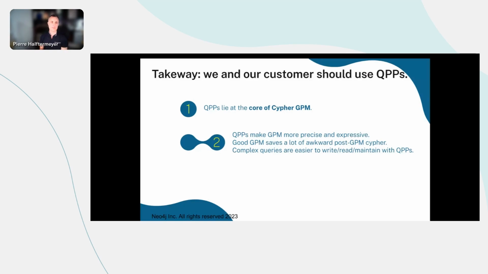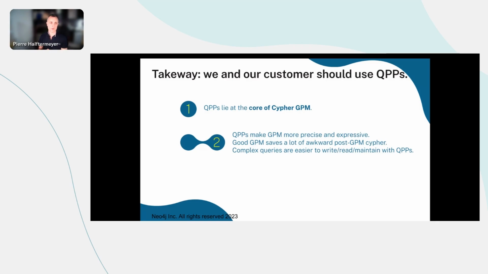QPPs make GPM more precise and expressive. You are naming everything. You can filter where you want, there is much less awkward post graph pattern matching Cypher.